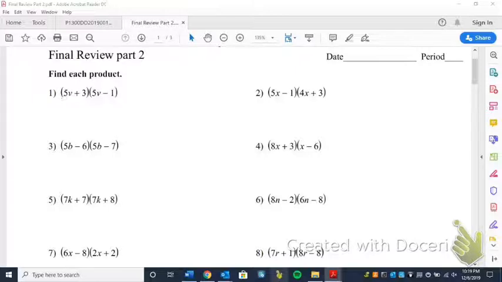Bi means two, so binomial means two terms. So when we have 5v plus 3, that's a binomial. And 5v minus 1 is a binomial.